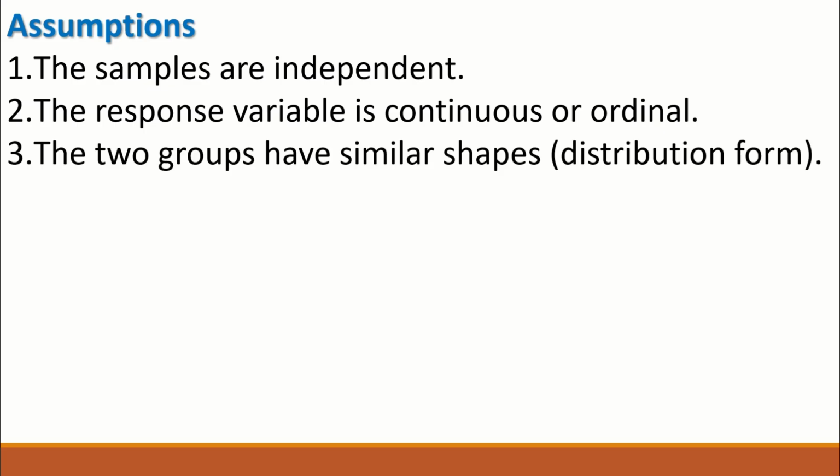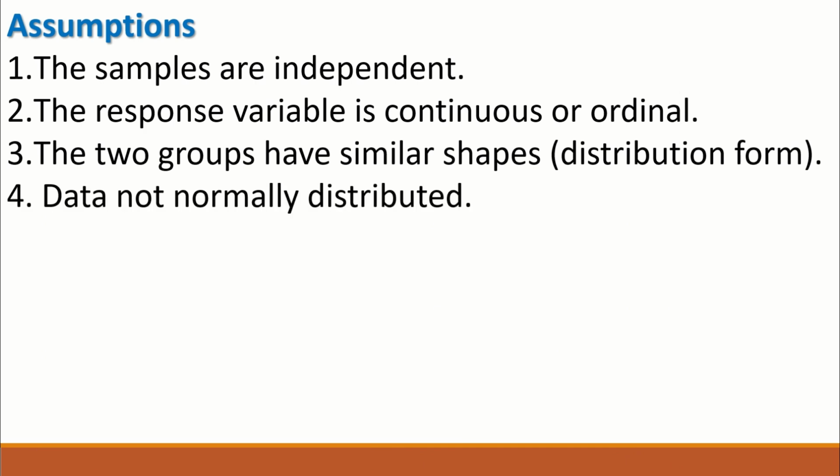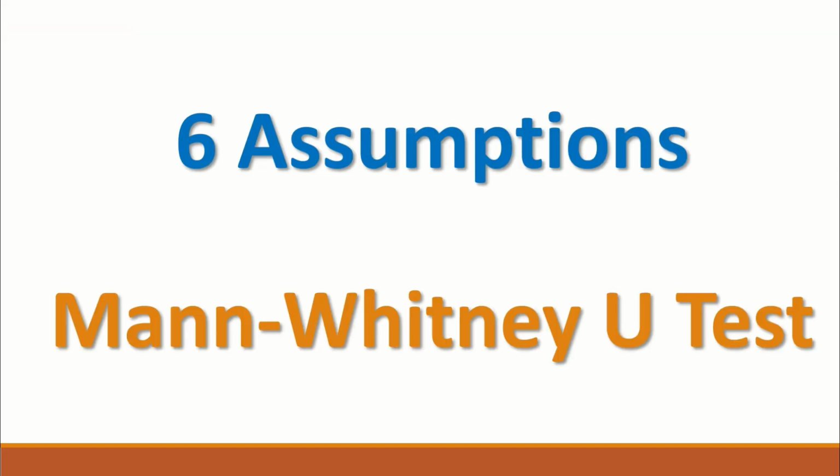The two groups have similar shapes, distribution, form, and data are not normally distributed. So there are 6 major assumptions that have to be fulfilled before choosing to use Mann Whitney U test for the data set.